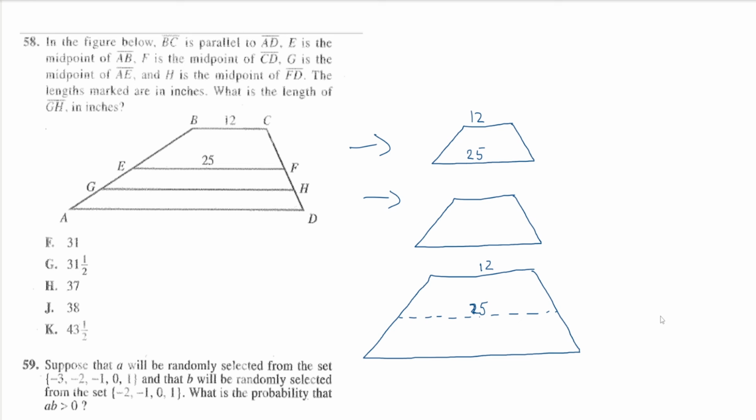Okay. So this is actually an easier one first, an easier stepping stone before getting to here. Okay. So how much grew on each side here from 12 to 25?